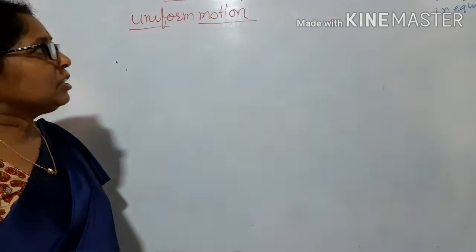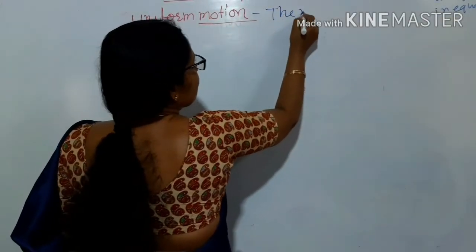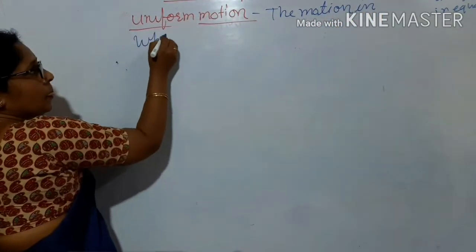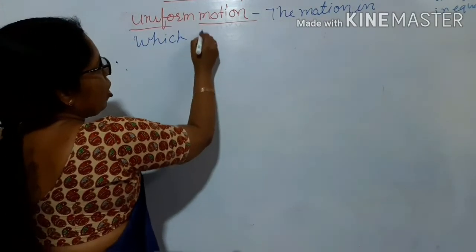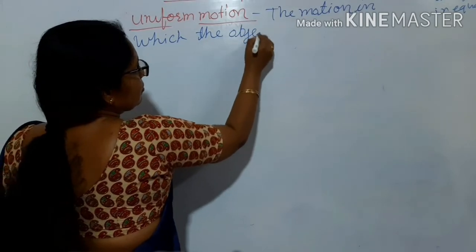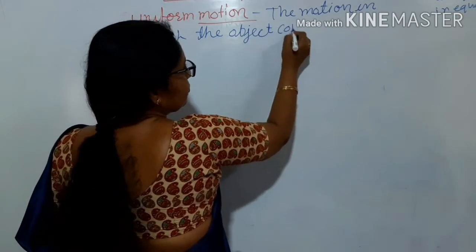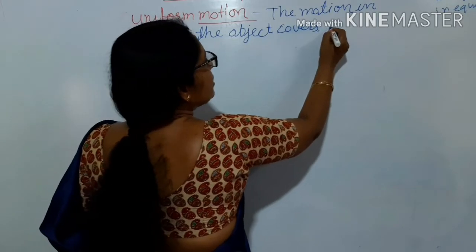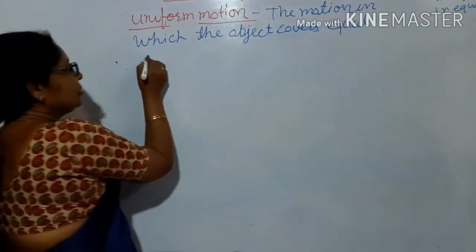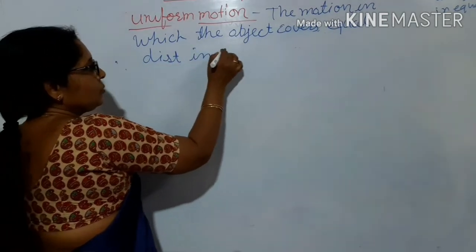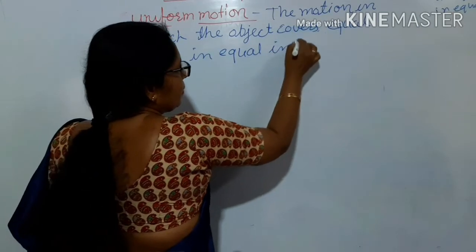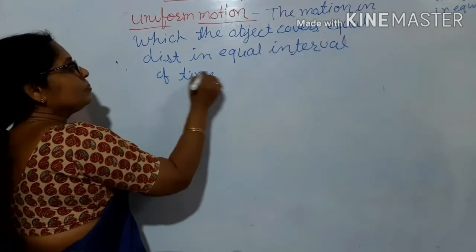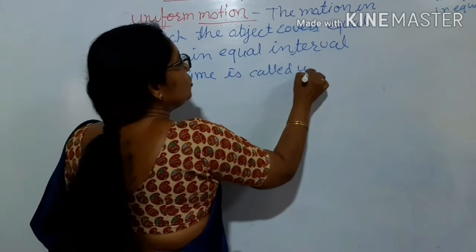Uniform motion means the motion in which the object covers equal distance in equal interval of time is called uniform motion.